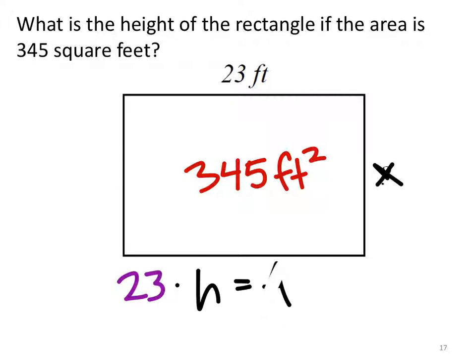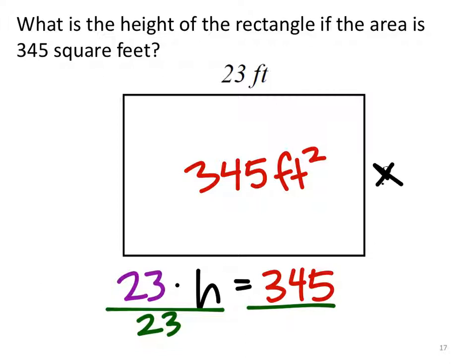What we also know is the area, because they told us the area is 345 square feet. So 23 times something is 345, and this is just a basic equation which we can divide both sides by 23 to solve. And that will give us the height.